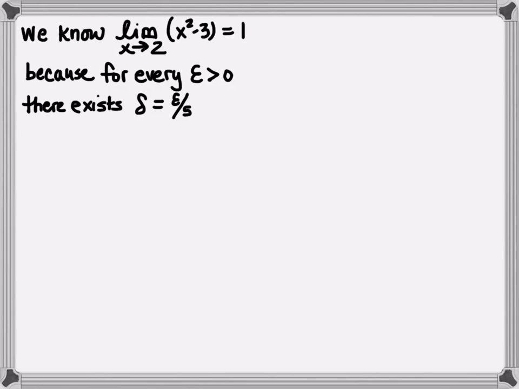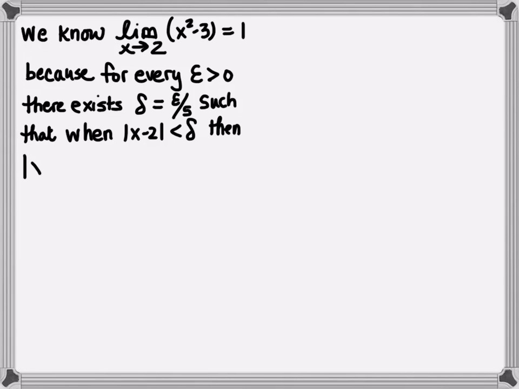Epsilon over 5 by the work we did, such that when the absolute value of x minus 2 is less than delta, or you could write epsilon over 5 there, it's less than epsilon over 5, then the absolute value of x squared minus 3 minus 1 is less than epsilon.